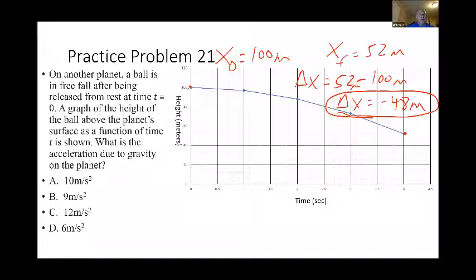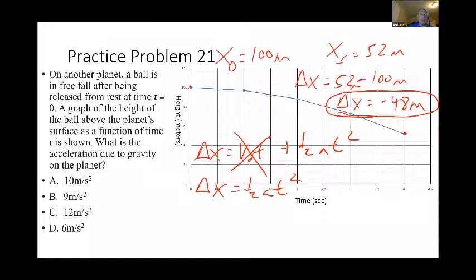Now you might not think that can help, but what you're going to do is go to this kinematic equation. We're starting from rest, which means the initial velocity is 0. So that term doesn't matter. So we're left with this.